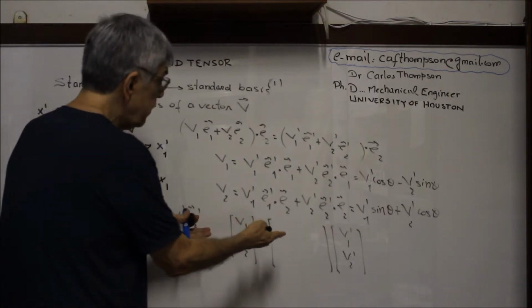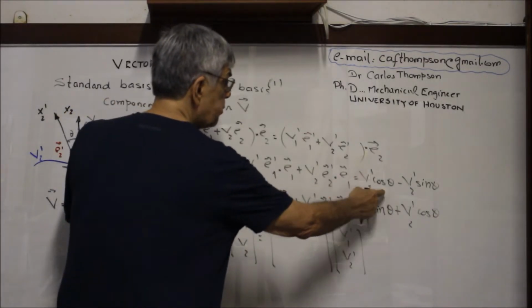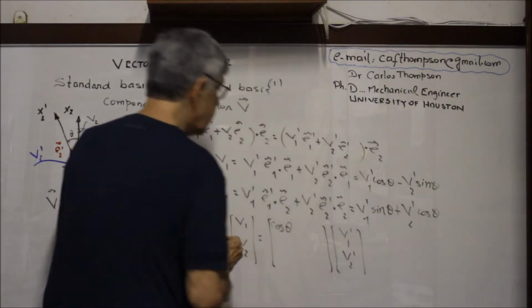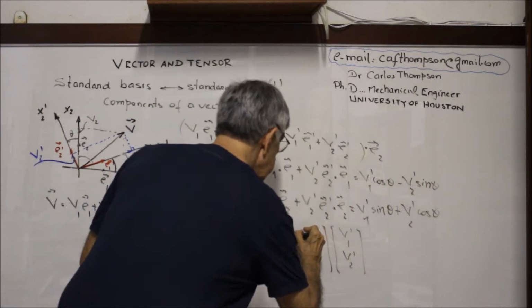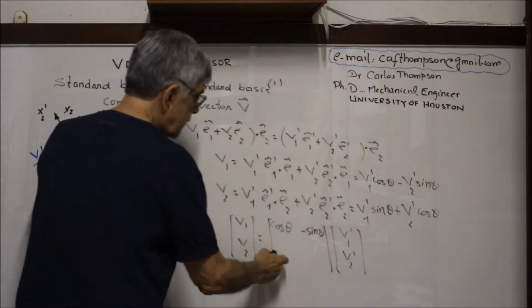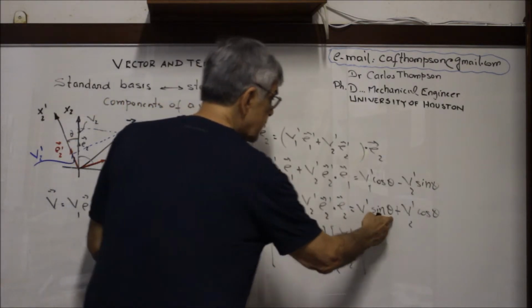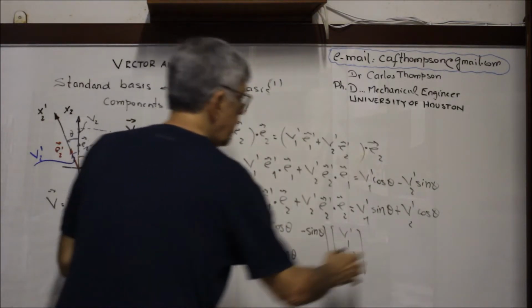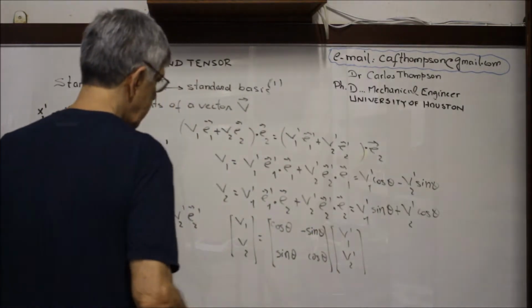Now let's write down the matrix. V1 is equal to V1 prime cosine of theta, so this will be cosine of theta, and minus sine of theta over here. Now, the second row. V2 is equal to V1 prime sine of theta, plus V2 prime cosine of theta.